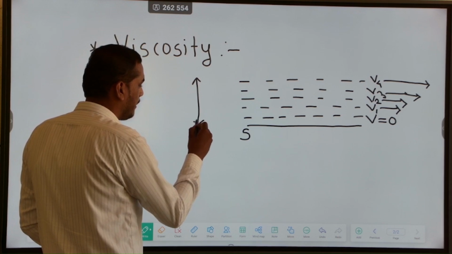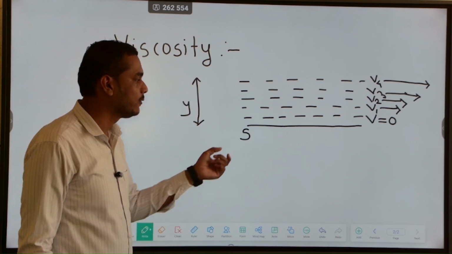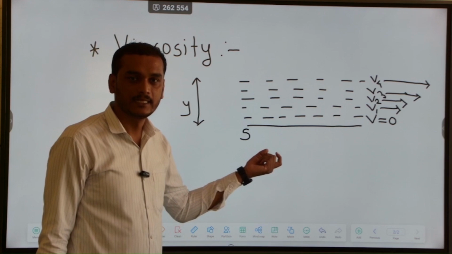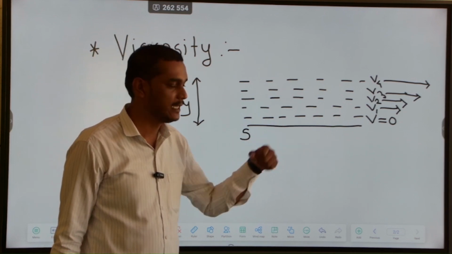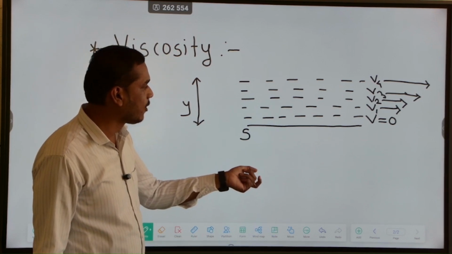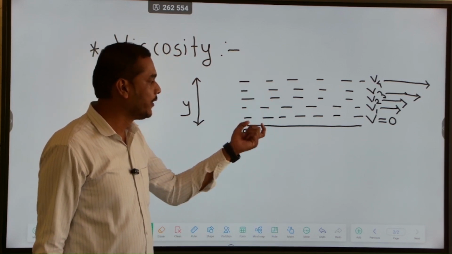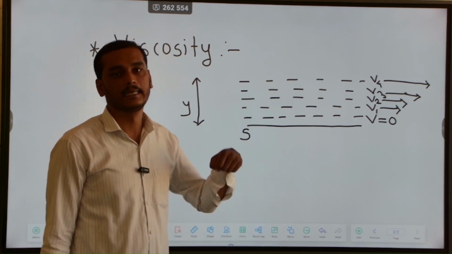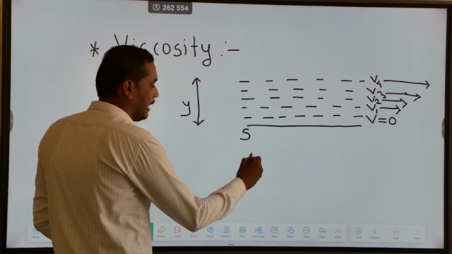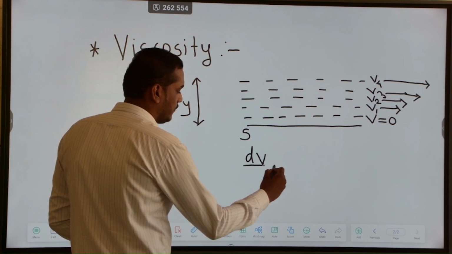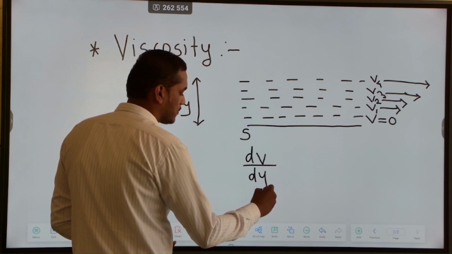Let y be the height of fluid from the bottom plane surface S, and as we move from bottom to the top, the velocity of different layers increases. This increase in velocity is given by the rate of change of velocity with respect to distance y.